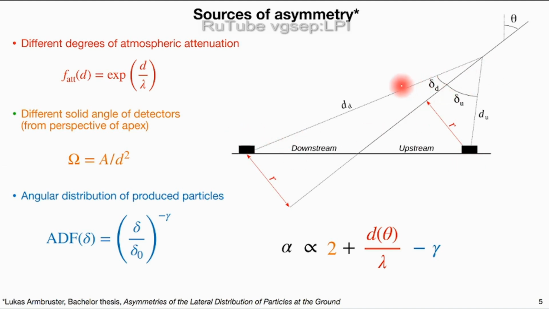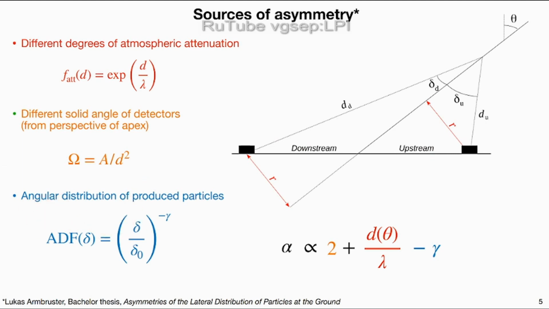Additionally, the angle with which these particles arrive at these stations is slightly different. If you were to project each of these stations into the plane defined by the angle of the arriving particles, you would also have a different projected area of each of the detectors downstream and upstream. So this is another effect that would, in the end, give you more signal upstream than downstream.